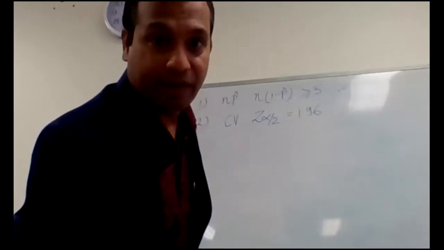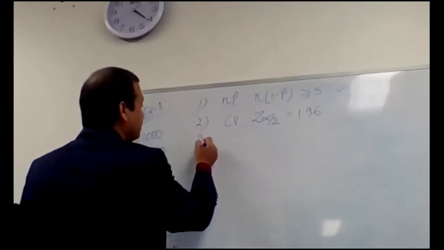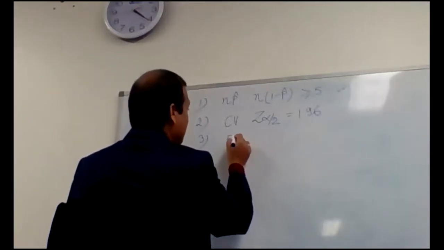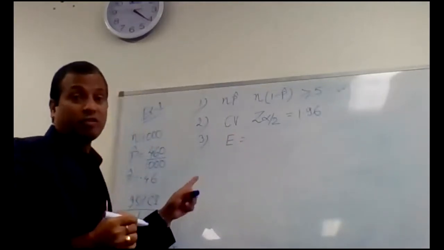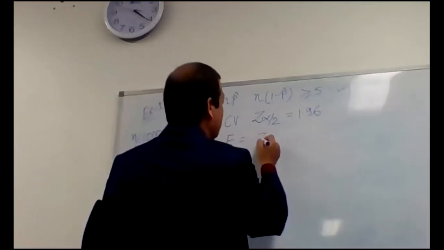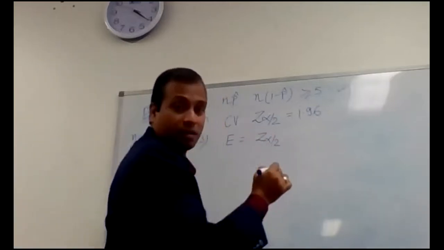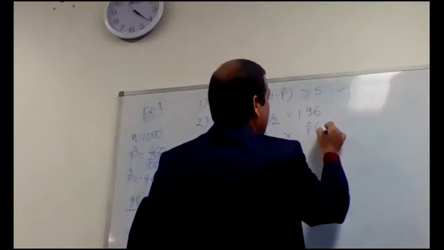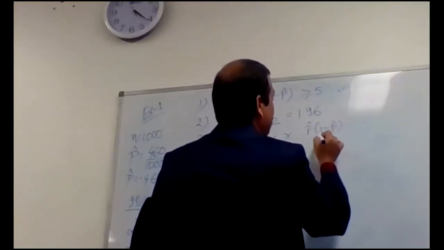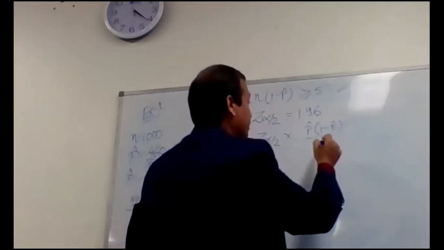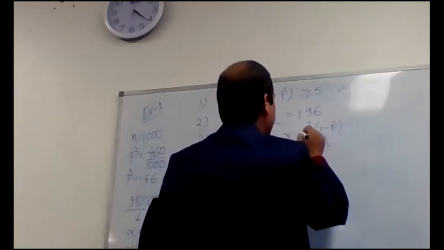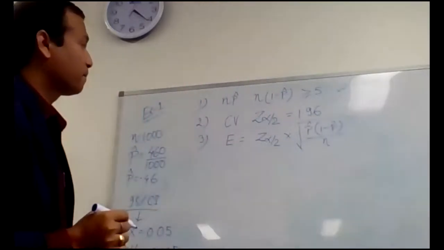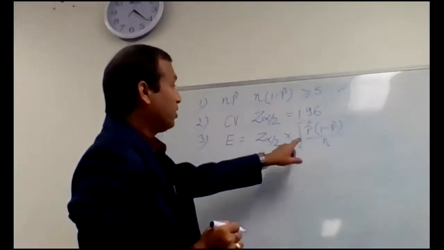What is step number 3? Calculate the margin of error, that is E. For calculating the margin of error, you have to apply the formula Z alpha by 2 into the square root of P hat into 1 minus P hat divided by N. All the values are given.